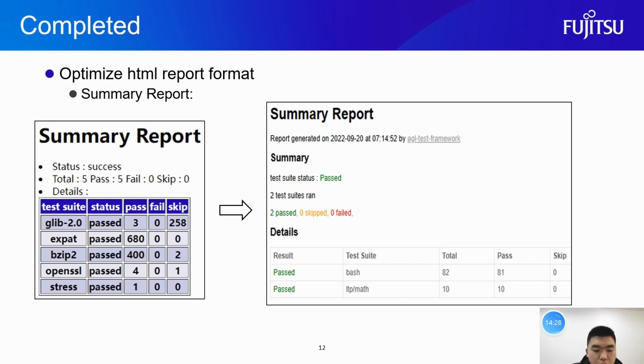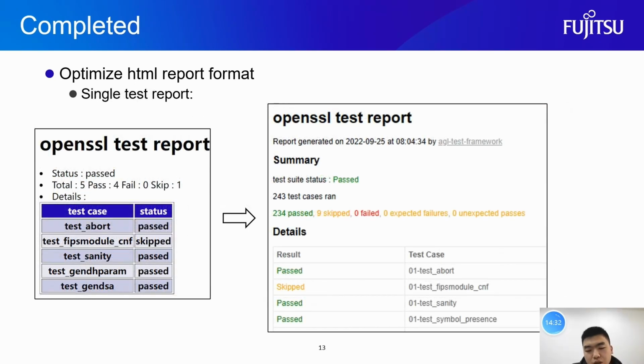Secondly, we would introduce the report optimization for individual test suites. For single test suites, based on the format optimization of the overall report, we have made some content optimizations to the test report of a single use case, and increased the types of return status of the use case.